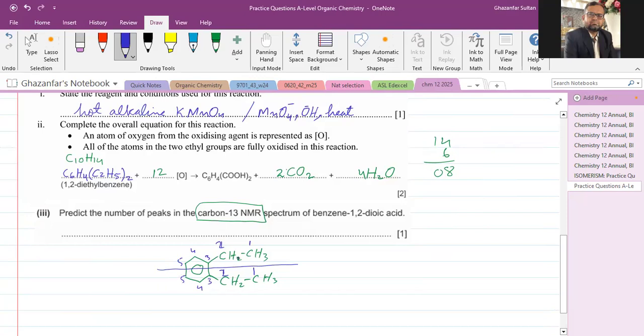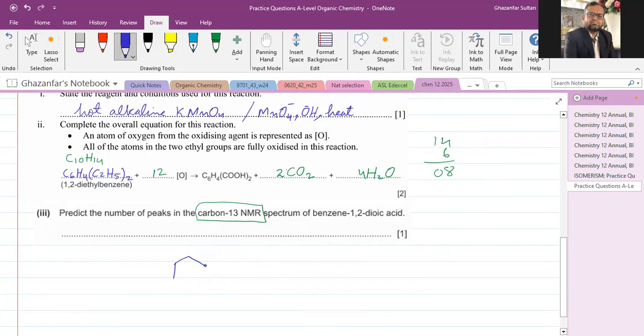So there should be 5 signals in C13 NMR for this molecule. But we are not asked about this molecule. We are to do it for the 1,2-dioic acid, not for this molecule.